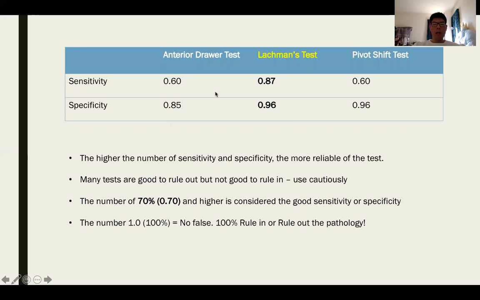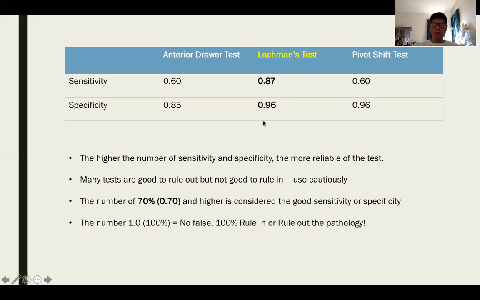If you want to use a test, firstly you want to check whether the test has good sensitivity or specificity. If it's higher than 0.7, we consider that a good test.